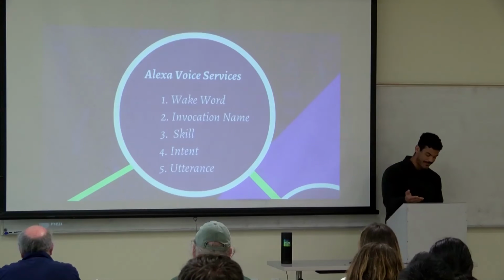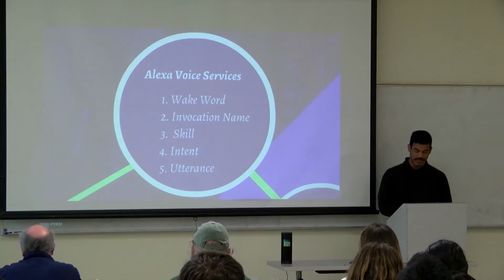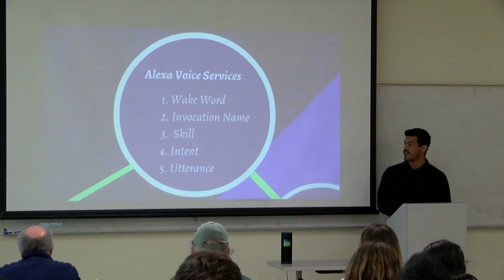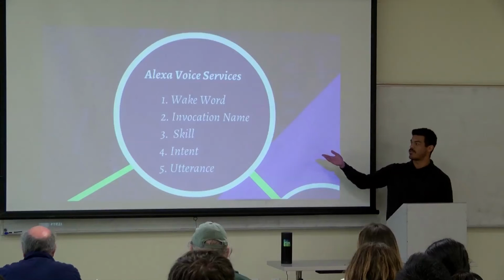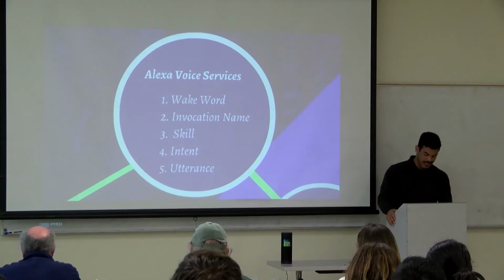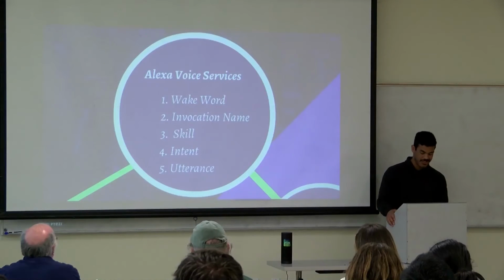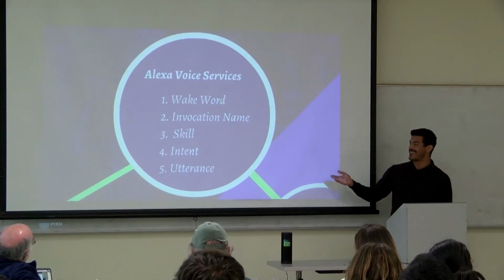So what's a skill? A skill is a built-in capability, and we use it to tell her which skill we are working with, which maps to intents. Intents are essentially JSON structures which declare valid utterances.